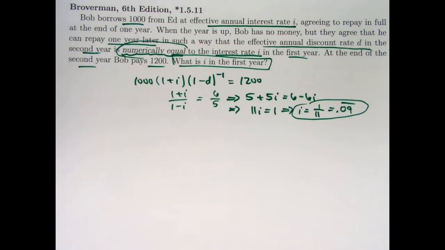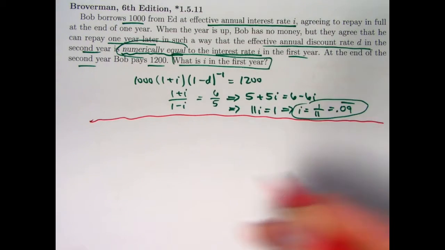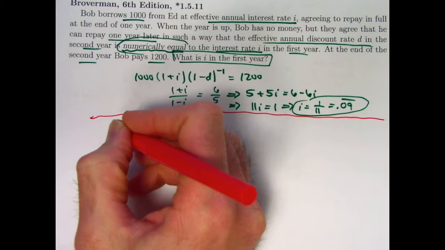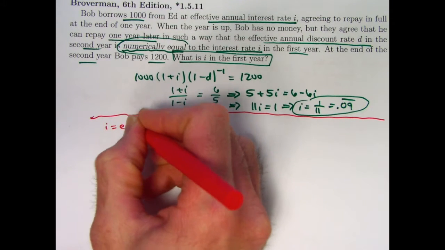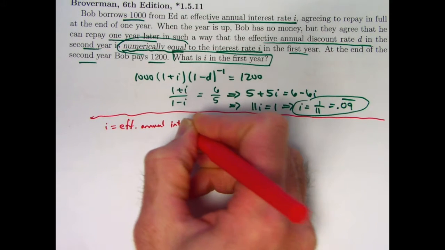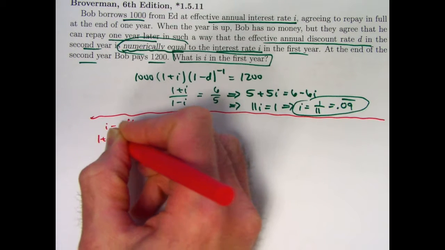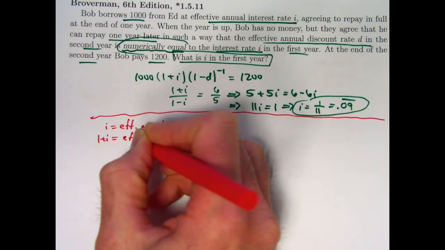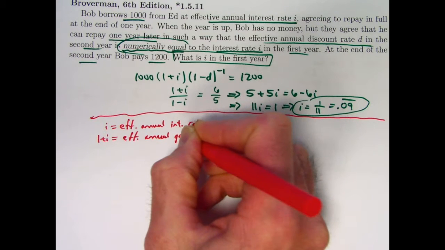Now let's do our broader overview of ideas and relationships here, which is helpful for problem solving, so I think it's worth your time. Let's review our main quantities here. I, again, is the effective annual interest rate. 1 plus I, then, would be the effective annual growth factor.